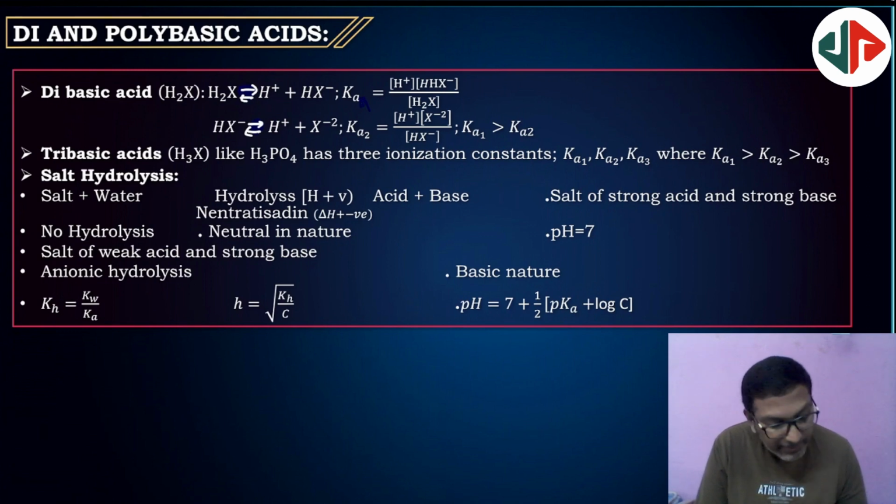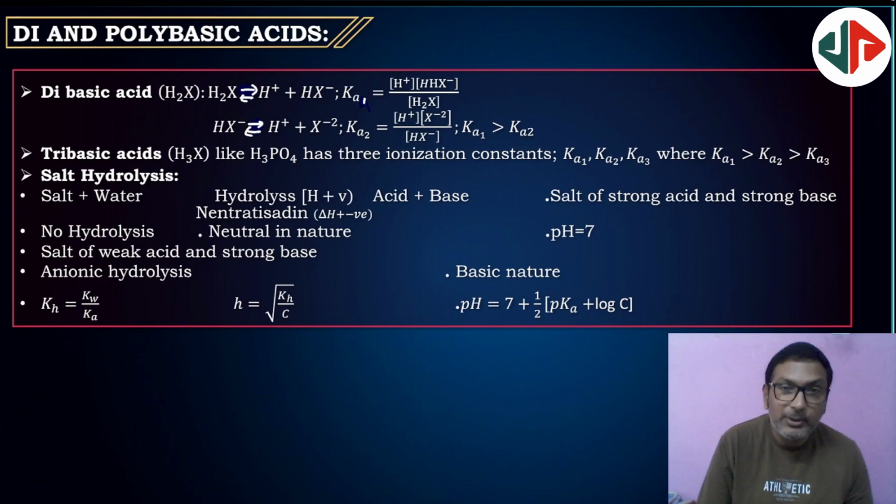Ka1 is always greater than Ka2. Remember this point. The first proton will be eliminated very easily when compared to the second proton. For tribasic acid H3X, we have Ka1, Ka2, Ka3. Overall equilibrium constant is Ka1 into Ka2 into Ka3.